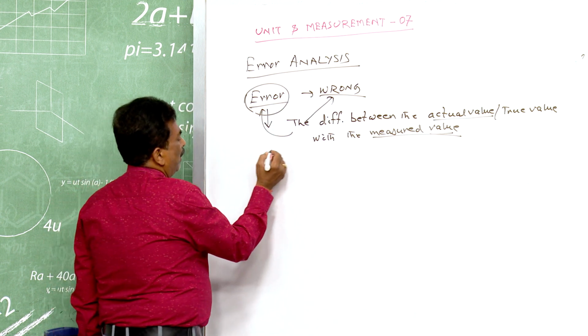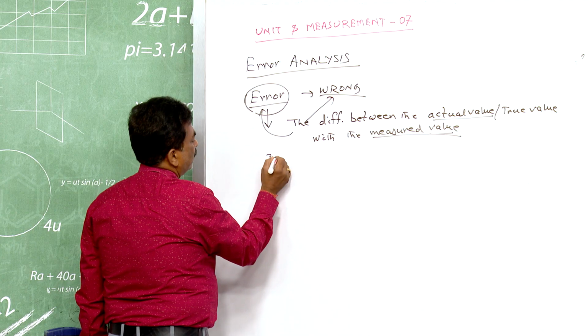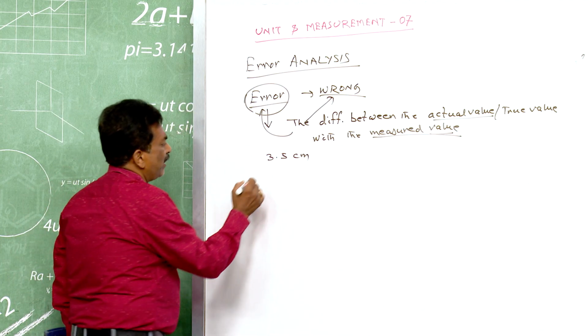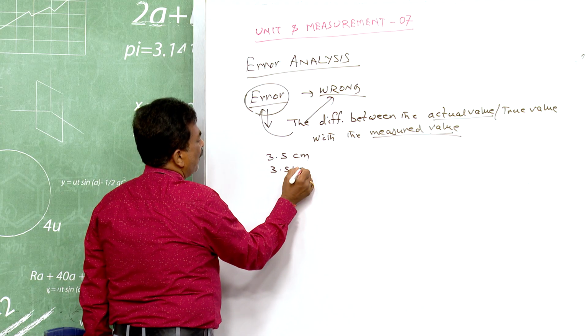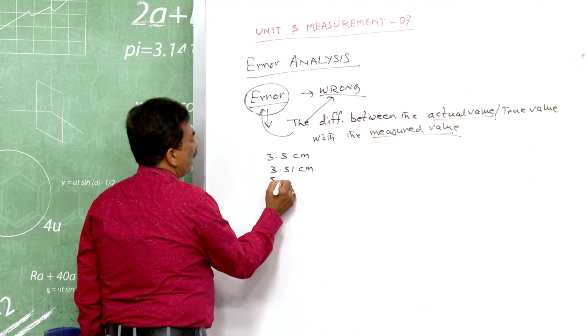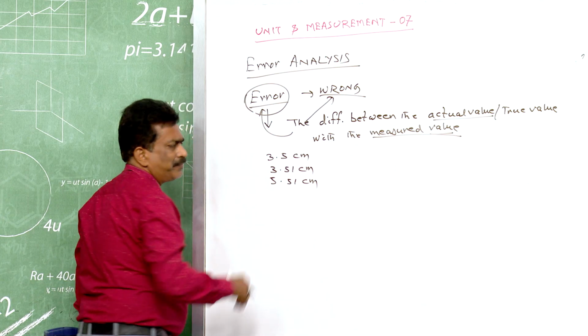Suppose one measurement is 3.5 centimeter, and someone counted it as 3.51 centimeter, but someone said it is 5.51 centimeter.